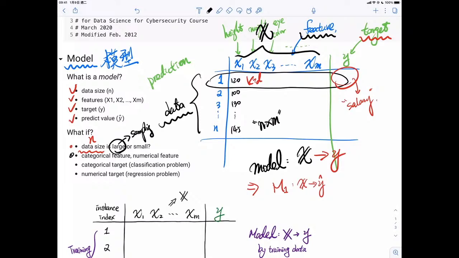But the eye color, for example, black, brown, blue, something like that. As you can see, if it is numerical data, you can perform add, subtract, divide, or multiply.